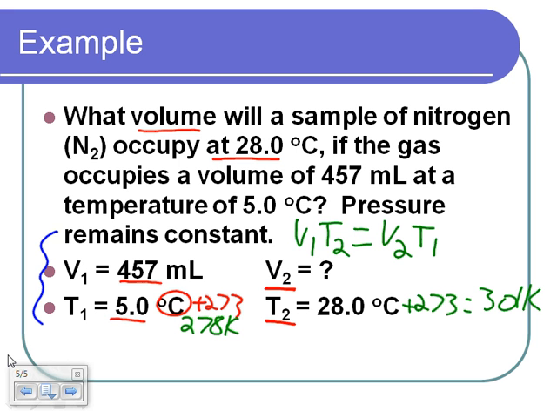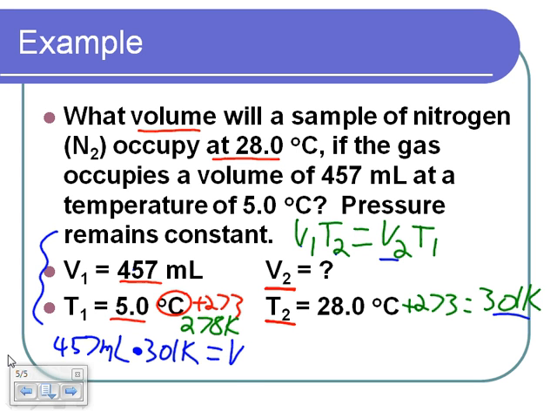Now we just plug and chug. Our V1 is 457 milliliters. We write it down. Times our T2, which is 301 K. That's going to equal our V2.